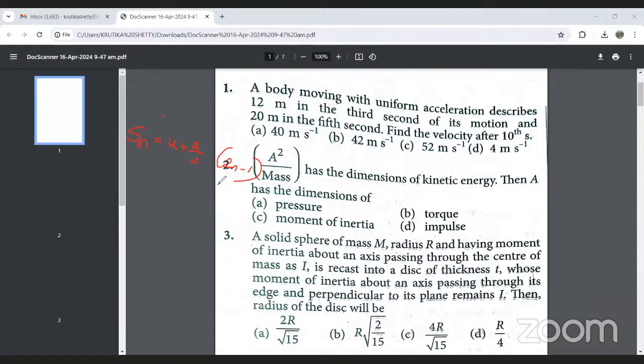First they have given the 12 meter distance. So for the 12 meter distance, it becomes U plus A by 2, where n is nothing but 3. Let us solve it.